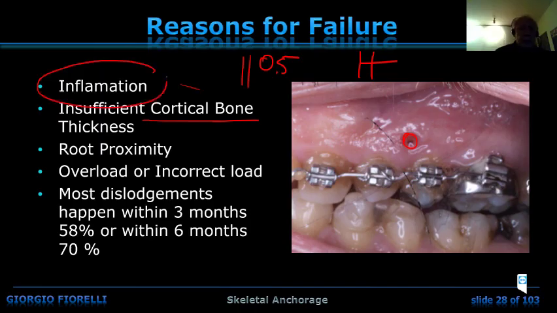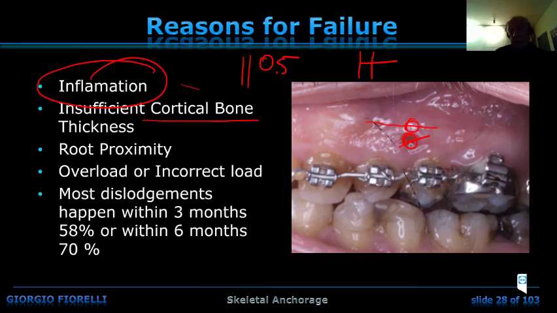The other reason which might cause the loosening of a TAD is the inflammation. Of course, patients have to keep the TAD clean, and you have to instruct them to do it. But it's very important that you place your TAD within this limit.